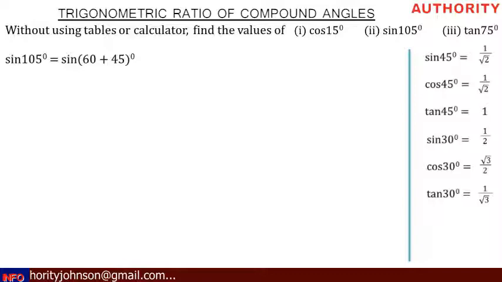That means sine 105 degrees is equal to sine of 60 degrees plus 45 degrees.